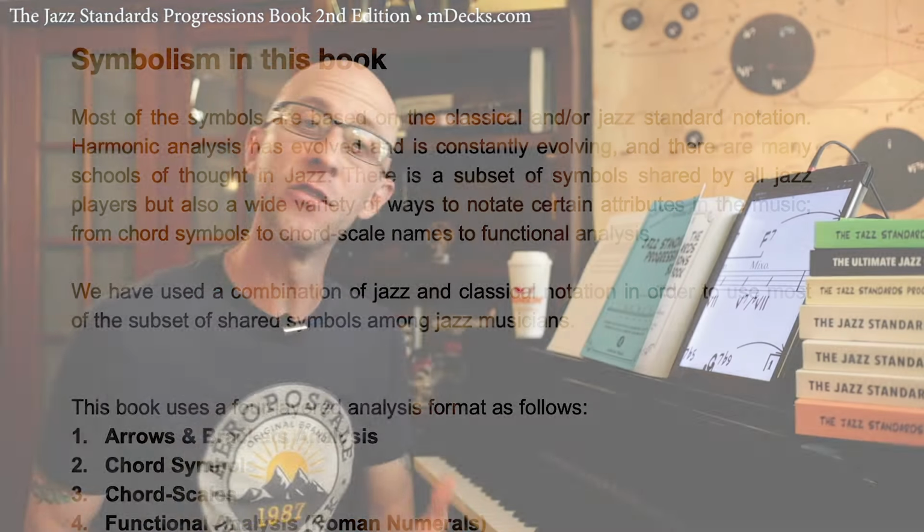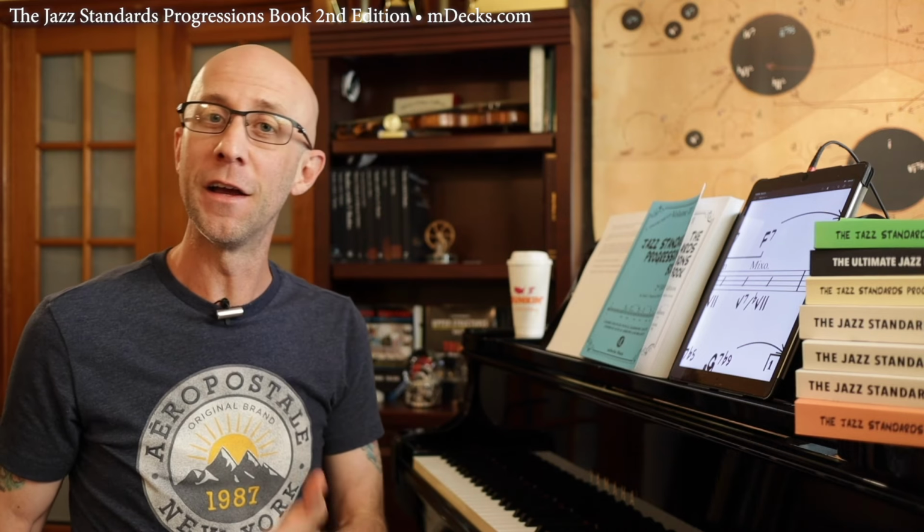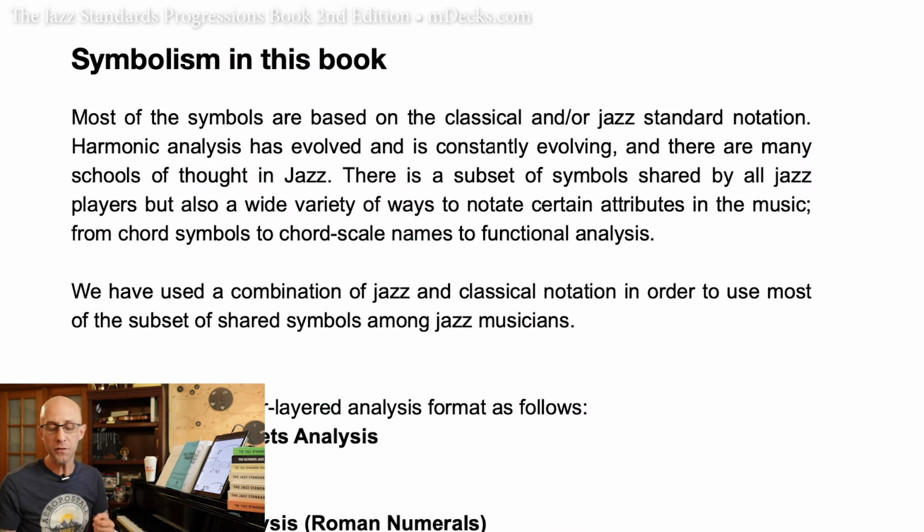Let's talk briefly about some of the symbolism that you might find in this book. Most of the symbols are based on the classical or jazz standard notation. Harmonic analysis has evolved and is constantly evolving, and there are many schools of thought in jazz.